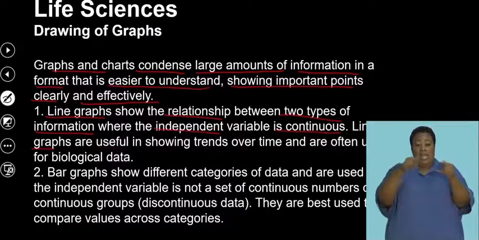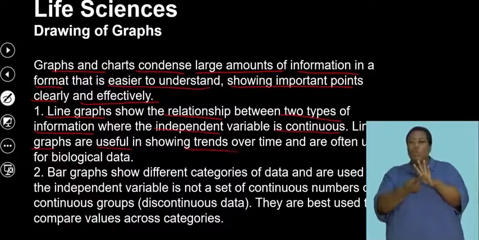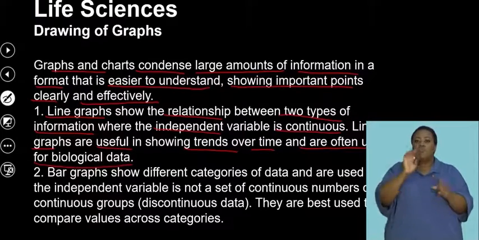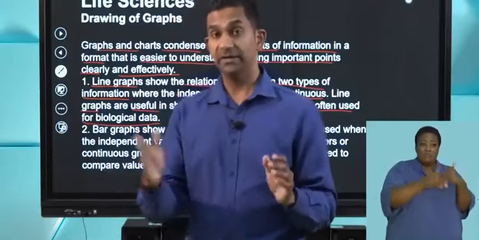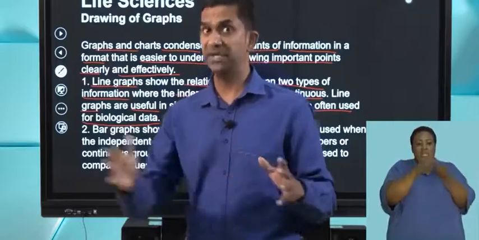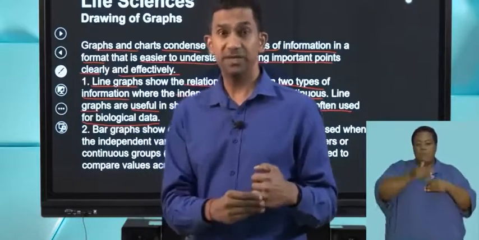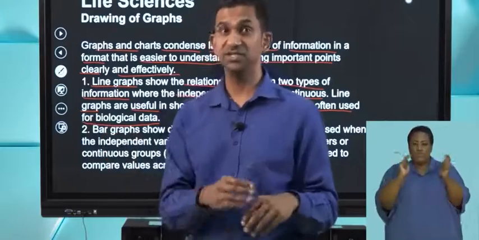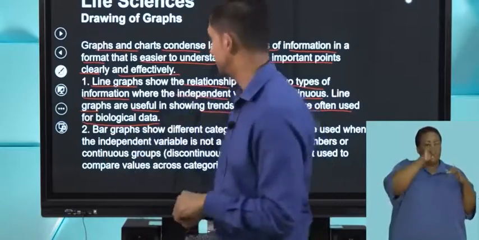Line graphs are useful in showing trends over time and are often used for biological data. As I said, it's often the independent variable which is continuously occurring. We place that on the x-axis and we look at the trends that happen over a period of time or temperature, where the temperature is changing. So we see progression from one to the next.